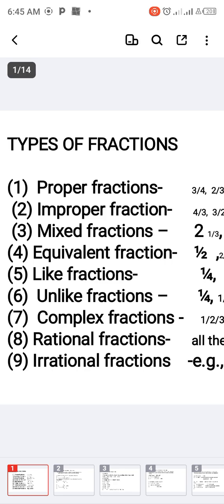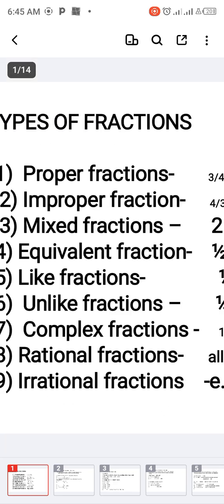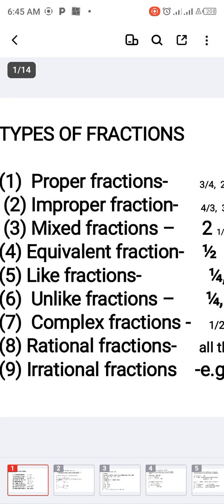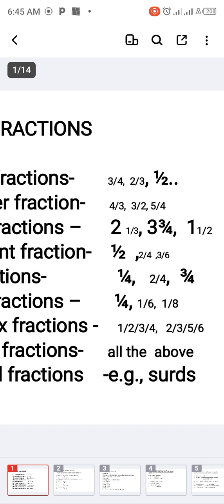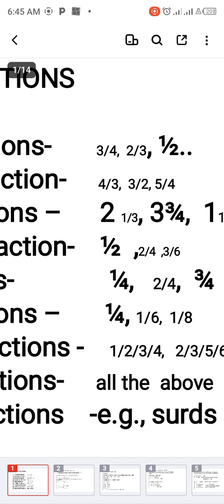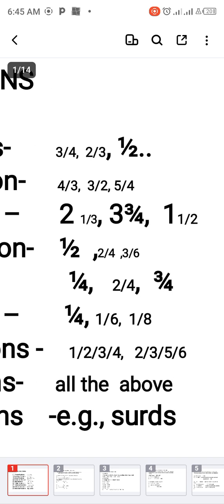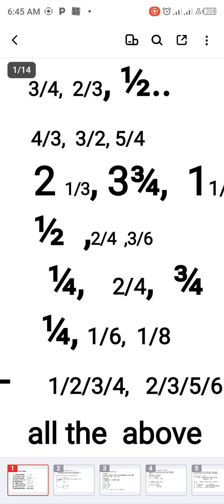Next on the line is like fractions. Like fractions are fractions with a common denominator. For example, 1 over 4 is a like fraction to 2 over 4.